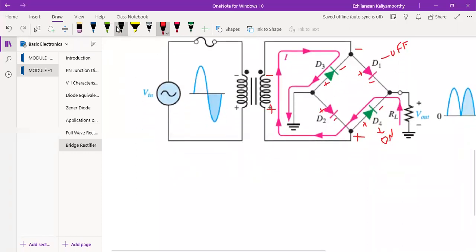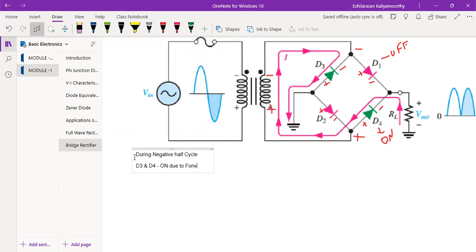So now the second case, during the negative half cycle: D3 and D4 are on due to forward bias. Next, D1 and D2 are off due to reverse bias.